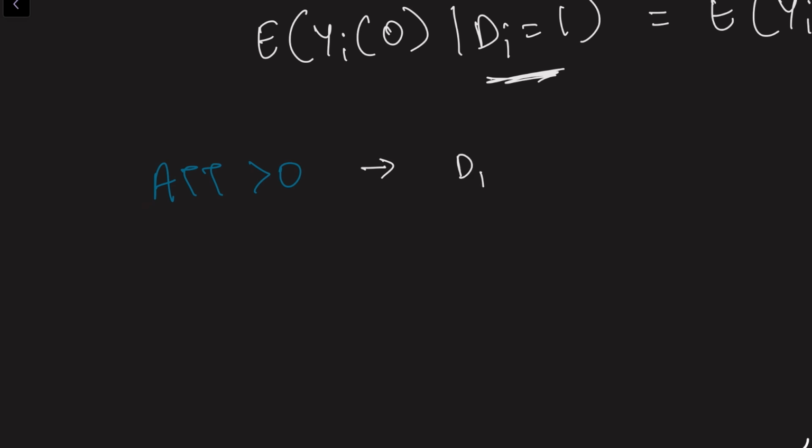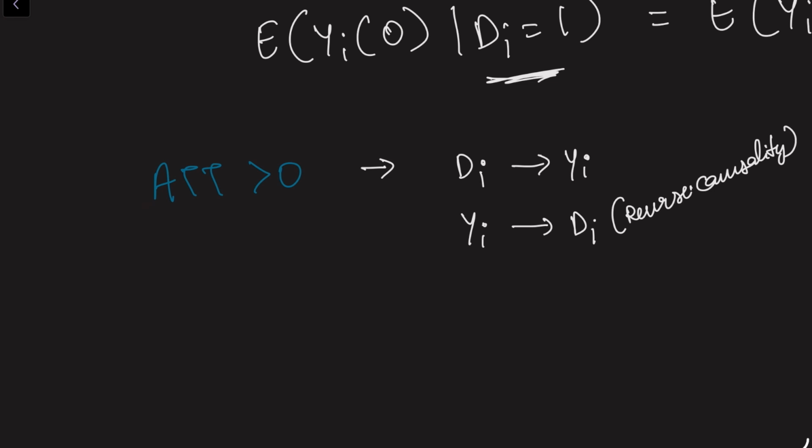So it could be that the treatment has a causal effect on the outcome, or maybe the outcome has a causal effect on the treatment. This is called reverse causality. Or it could also be that there is a third confounder that is affecting both the treatment and the outcome.